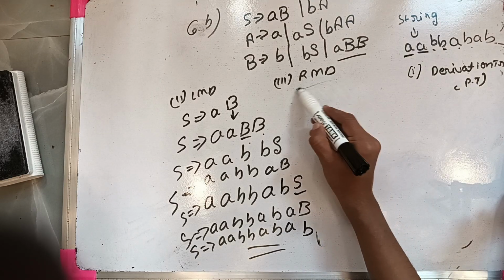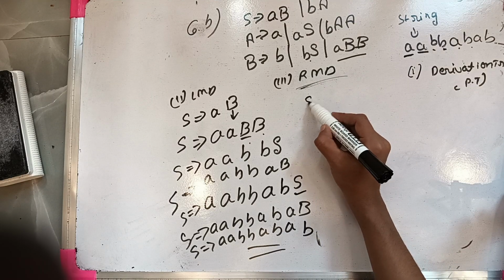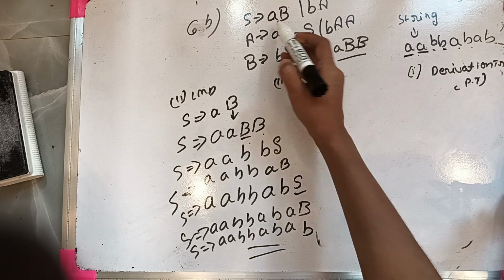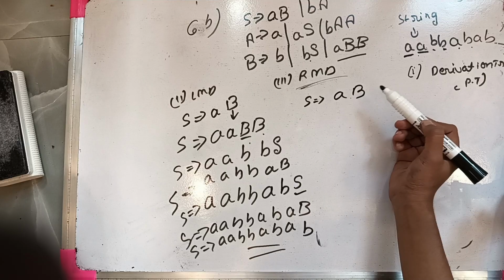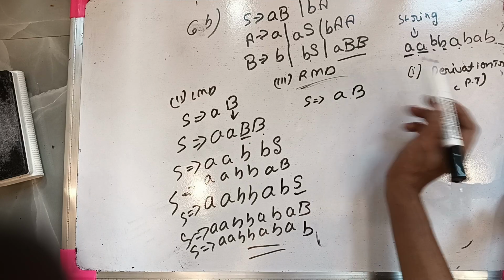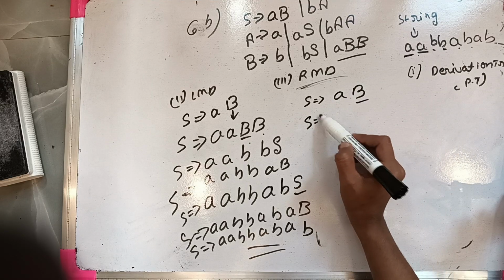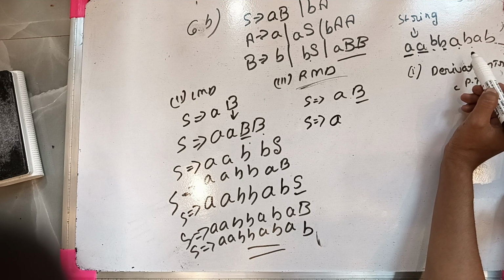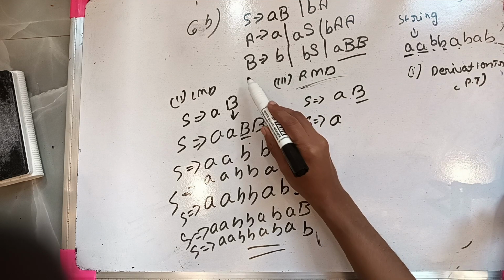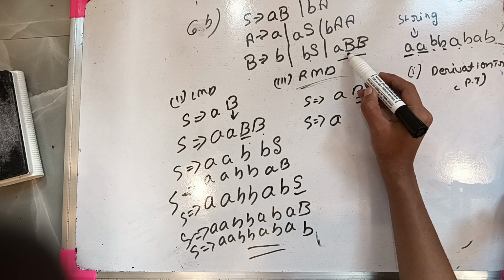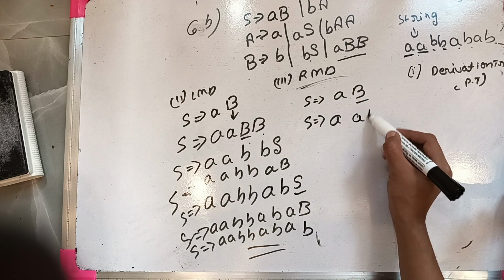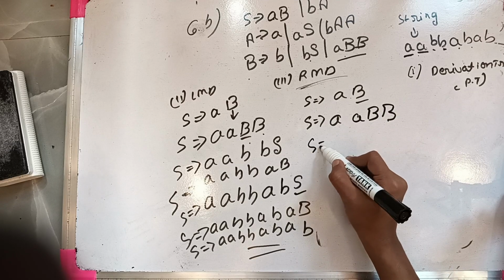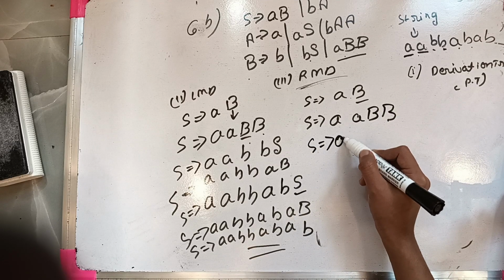Now perform rightmost derivation. So S gives, in the beginning I need to write A itself, right? A, B. After that I am going for the right side, for this B, right? A, B can be substituted with B itself. Okay, B. After that we can change it to the right side, correct?